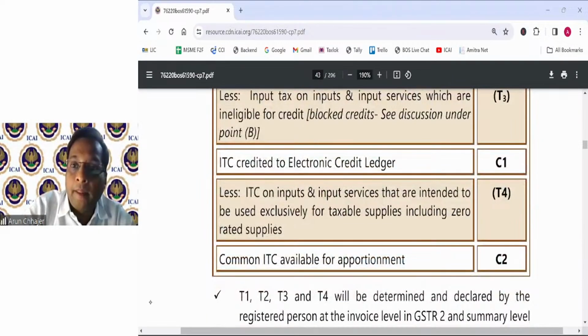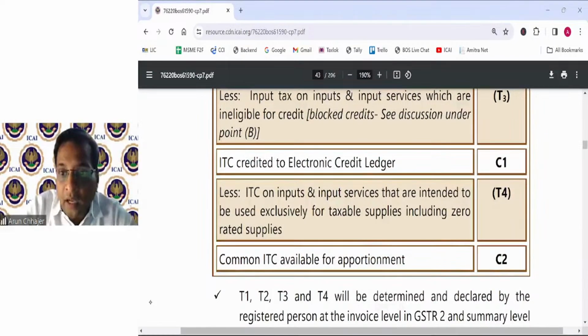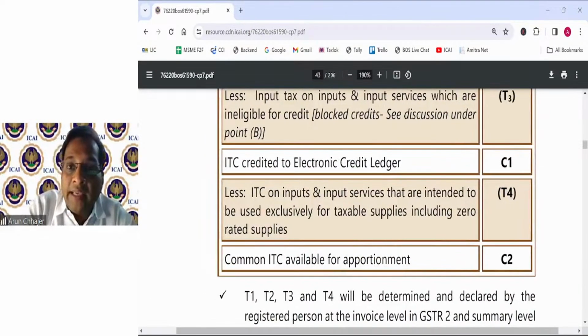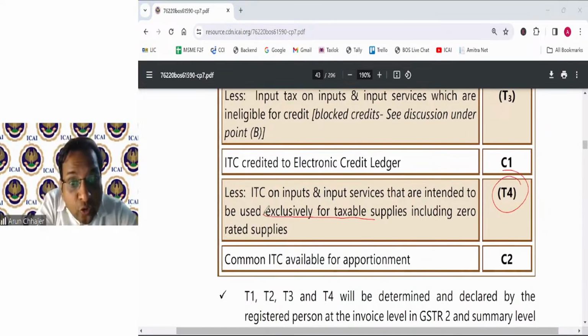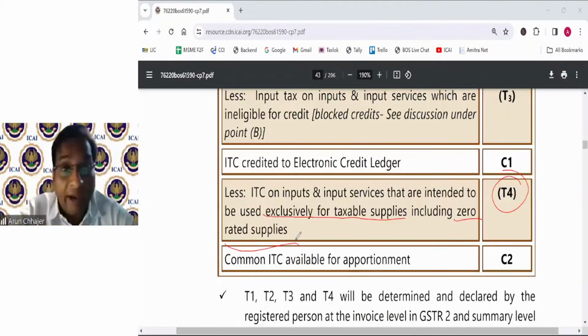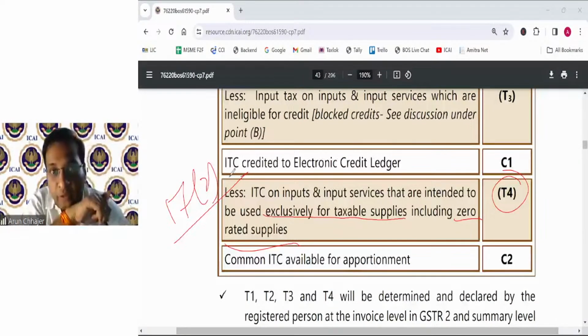Now, out of C1, you will again deduct T4. What is T4? Exclusively for taxable supplies, including zero rated supply. Why including zero rated? Because in 17 subsection 2, you read the content.